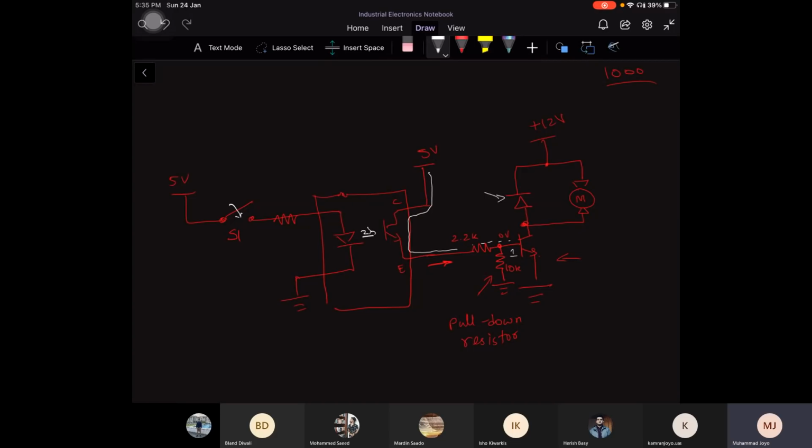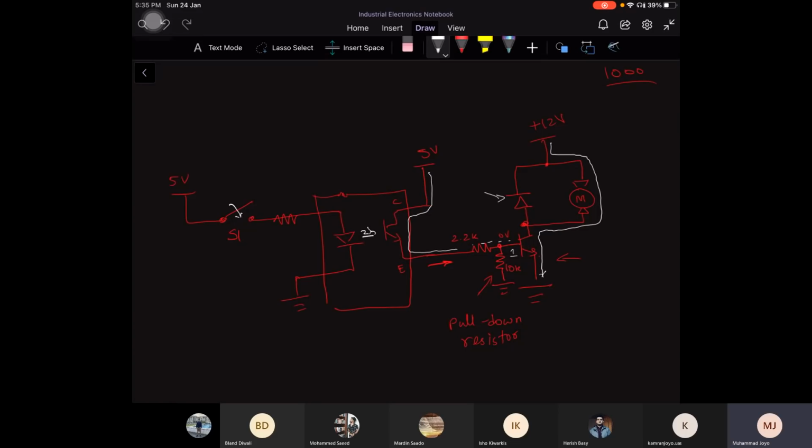Once the transistor is in the saturation region, or you can say it is turned on, the circuit at the output will be completed, and the current will pass from the load, that is the motor, through the transistor and towards the ground. So your motor will start running in one direction.